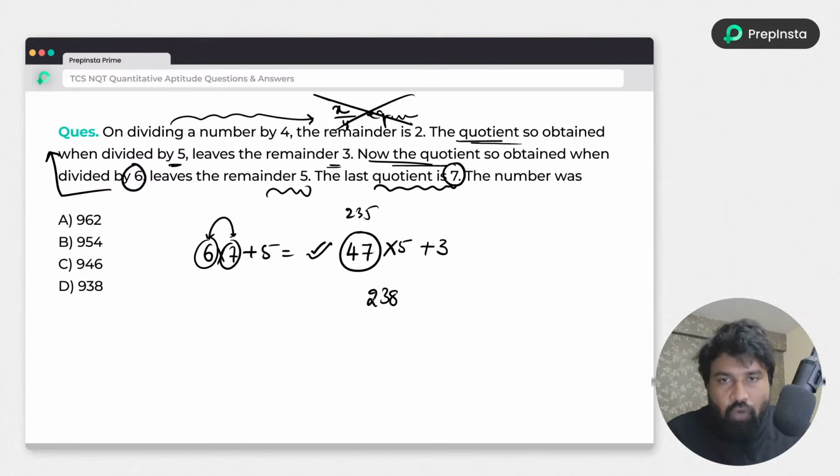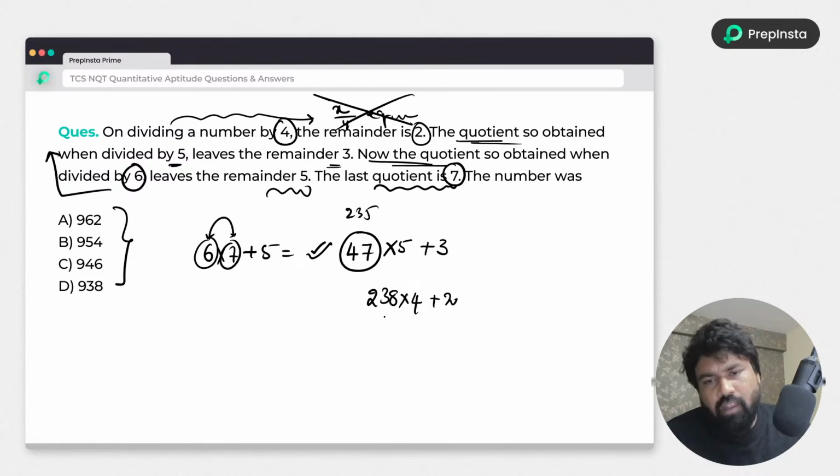Next, this is the coefficient we got when you divide by 4 and the remainder is 2, right? So you have to multiply with 4 and add the remainder 2. So you are working in reverse so that you obtain the original value. So simply the answer is 4 times... I am doing multiple 2 times.